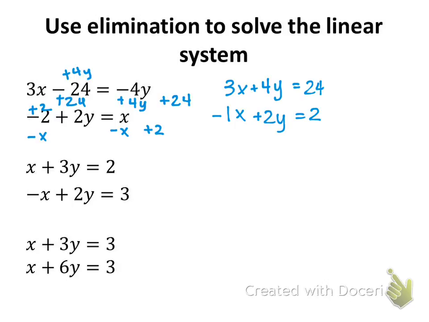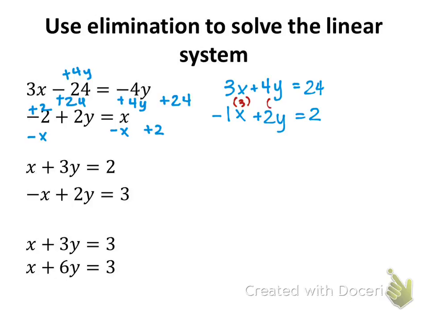So I look at this term right here, 3 and 1, technically negative 1, and I ask myself, what is a number that both 3 and 1 can go into? 3. Well, that means this 3 is perfect. It already is a 3. I need this to be a negative 3. Well, it's already negative 1, so what do I need to multiply by to make it negative 3?